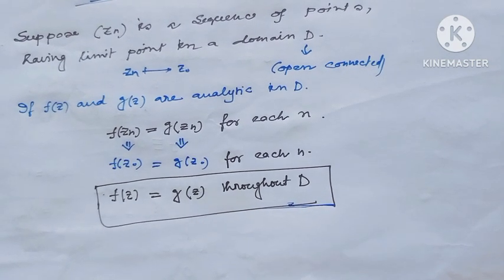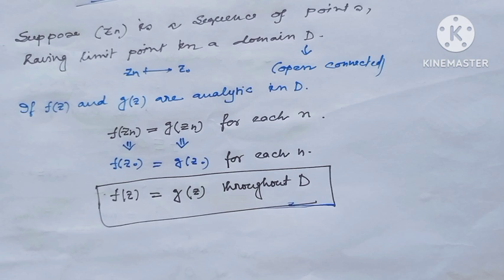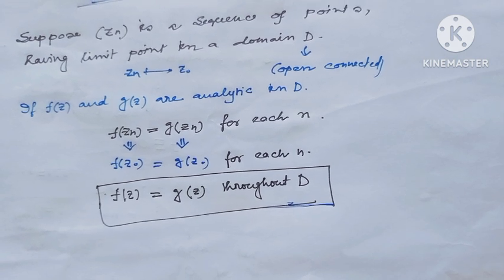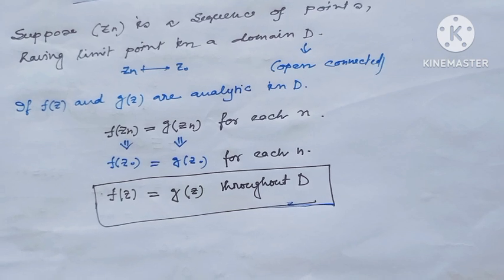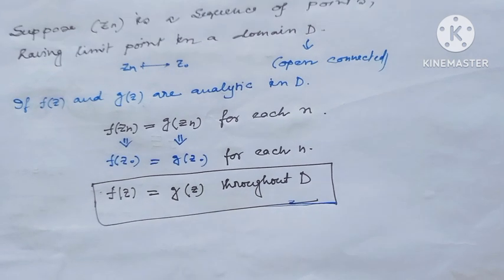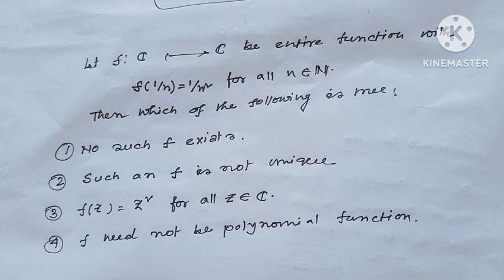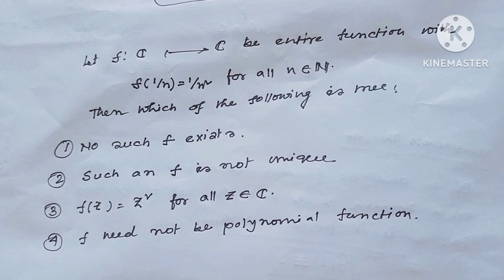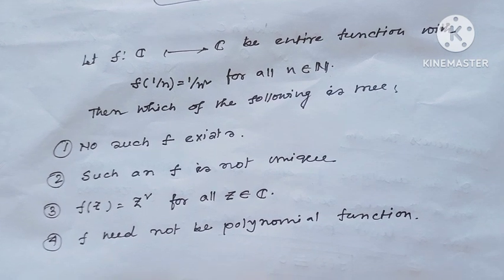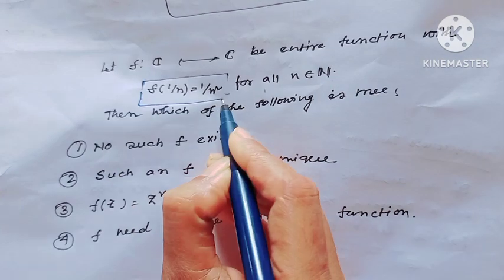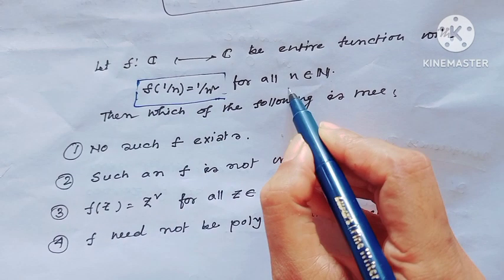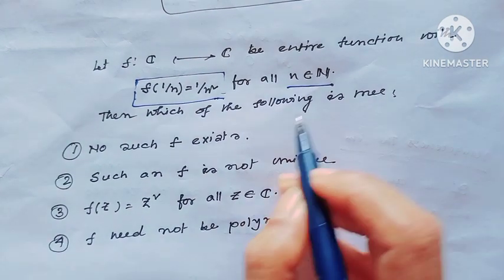Next, the second identity theorem. I will see some examples of this identity theorem or uniqueness theorem. First example: f from the complex numbers to the complex numbers is an entire function with f(1/n) = 1/n² for all n belonging to the natural numbers.